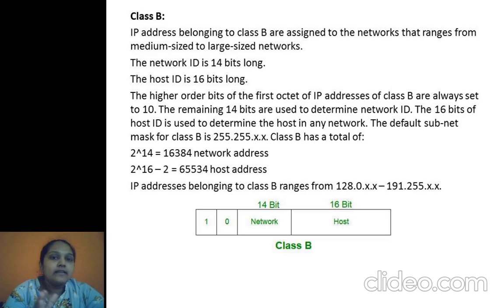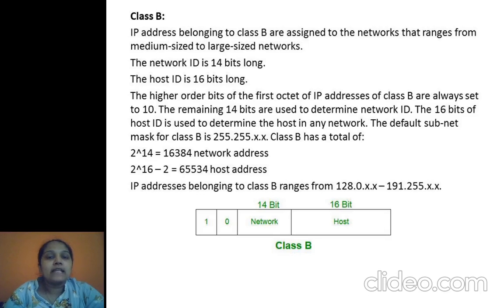IP addresses belonging to class B are assigned to networks that range from medium size to largest. In that, the network ID is 14 bits and the host ID is 16 bits. But the first bits of the first octet of a class B IP address are always set to 10. After that 10, 14 bits of network and 16 bits of host are adjusted. This is nothing but class B.